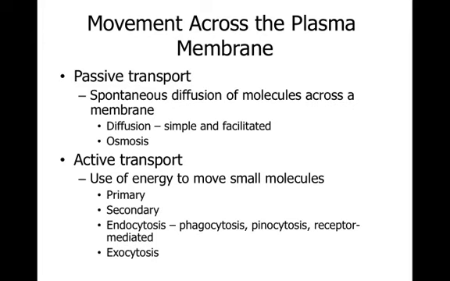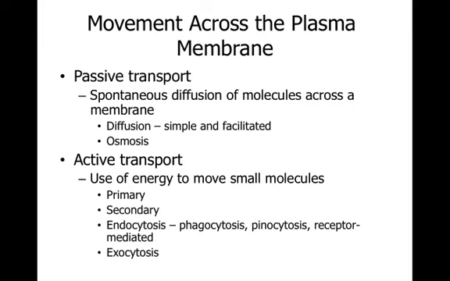The other type of transport is active transport. And so active, as it sounds, you actually have to use energy to move small molecules. So it takes energy in active transport. We'll look at several different types of active transport. First we'll look at primary active transport, then secondary active transport.